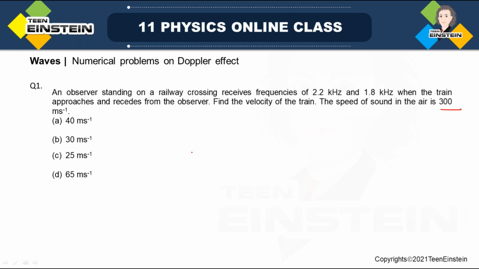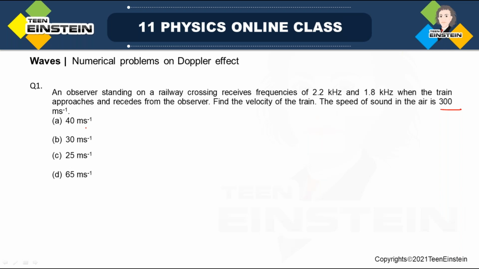As I said, the speed of sound in air will be 300, 340, 350, etc. So you have to find out the velocity of the train.